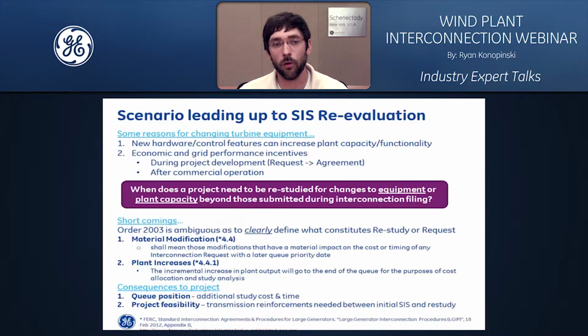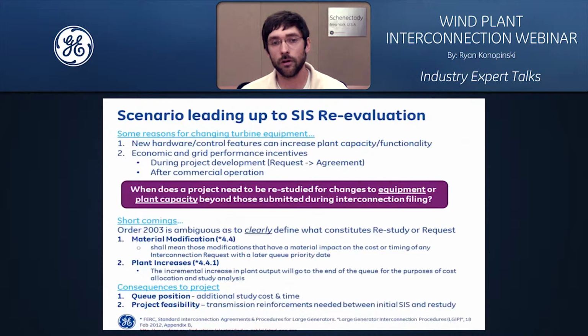So now, what exactly constitutes a refiling of this interconnection procedure or reevaluation of the system impact study? FERC Order 2003-C has some definitions which try to define what would warrant a restudy of a proposed plant.